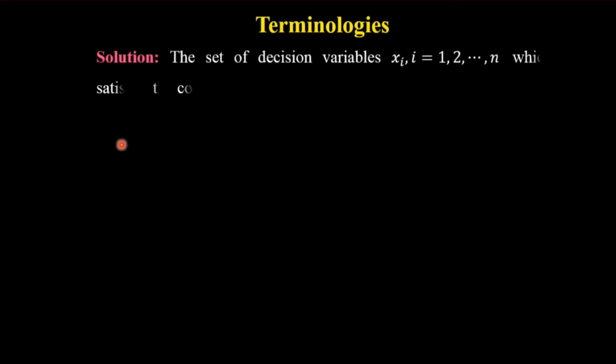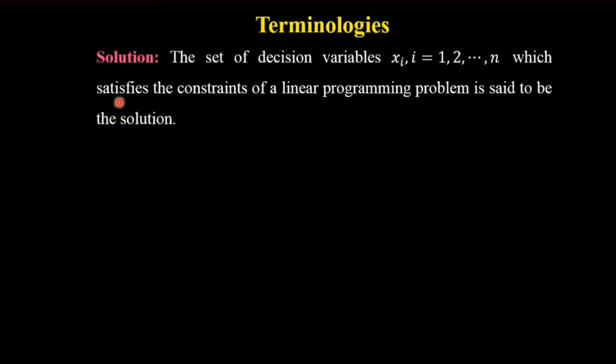The first term we will see is solution. What do you mean by solution of the linear programming problem? The set of decision variables xi, where i runs from 1 to n, which satisfy the constraints of the linear programming problem is said to be the solution.